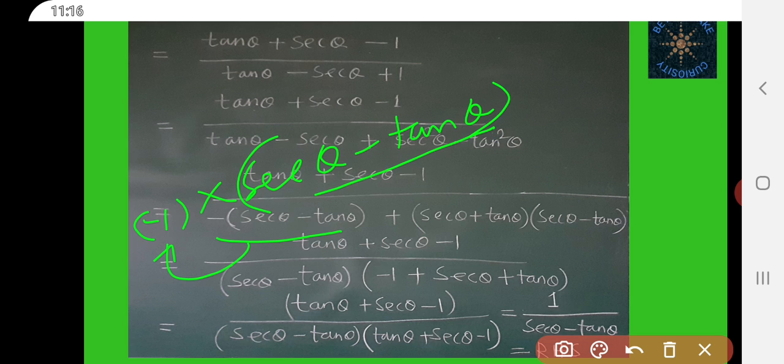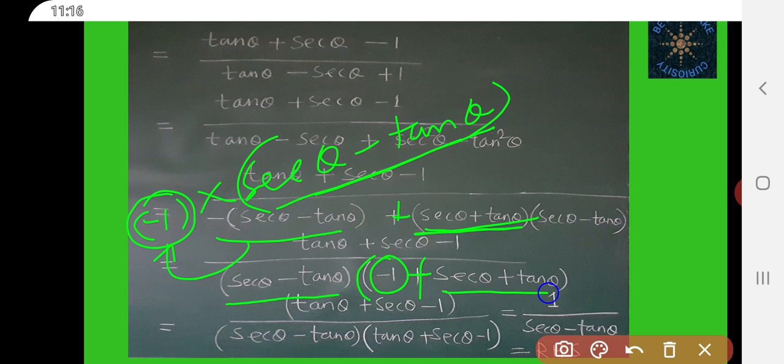As you are taking sec theta minus tan theta common, what is left here is minus 1, and plus, what is left, sec theta plus tan theta.